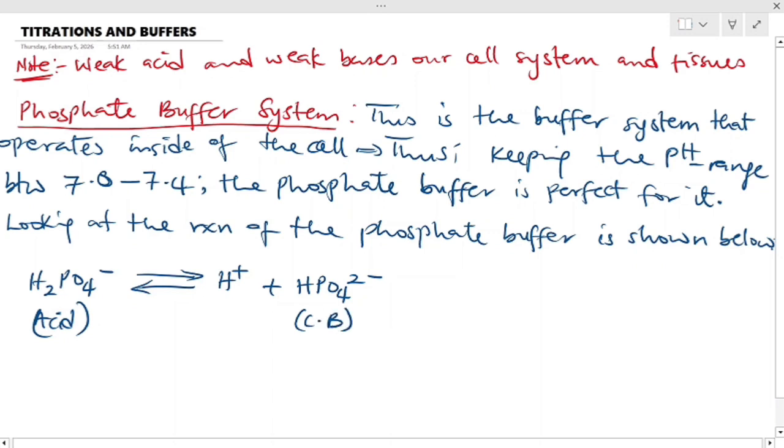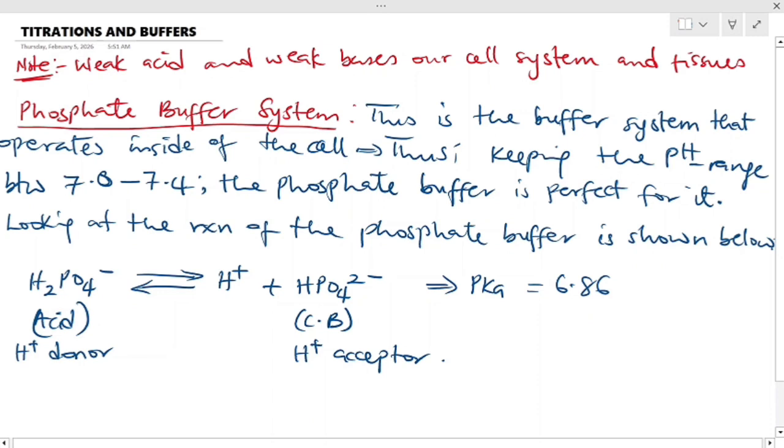Again, this is the proton donor, and this is the proton acceptor. And this operates at a pKa of what? 6.86. That's the pKa of the phosphate buffer.